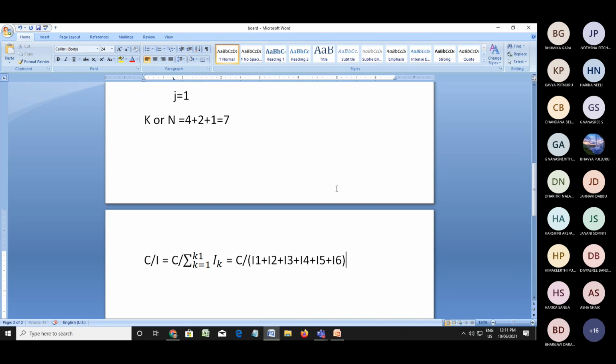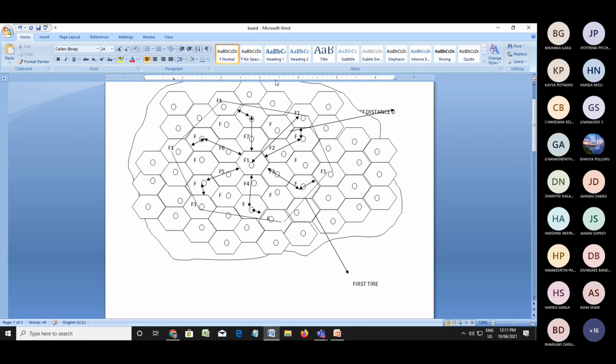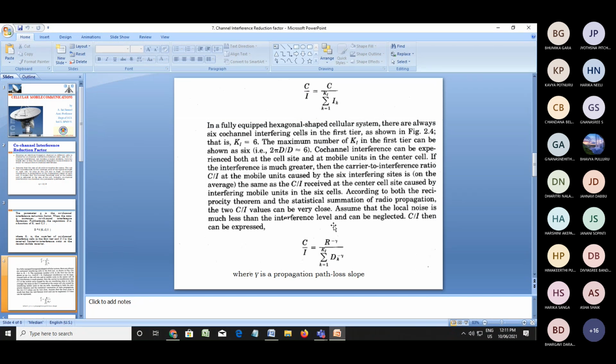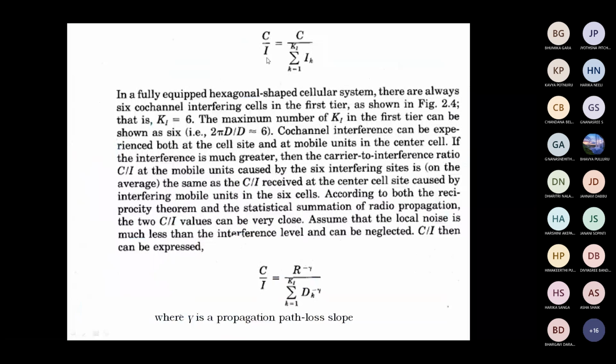Why only 6? Because there are 6 co-channels from the center side. That's why 6 interferences. What is K1? K1 shows the number of cells in the first tier. From this concept, we are calculating here. See this: C by I equals C divided by the summation of k equals 1 to K1 of Ik.